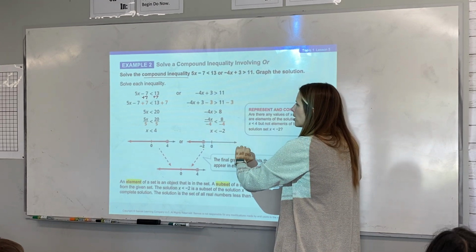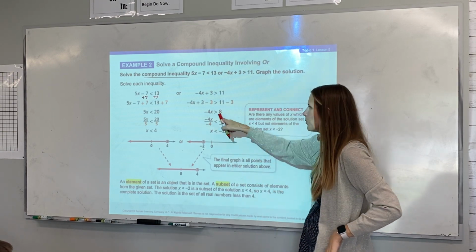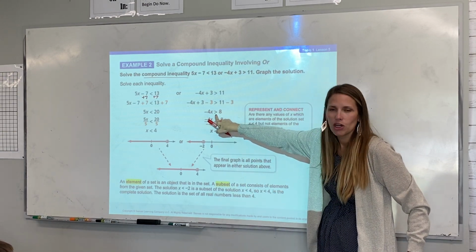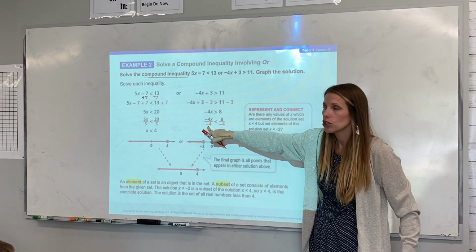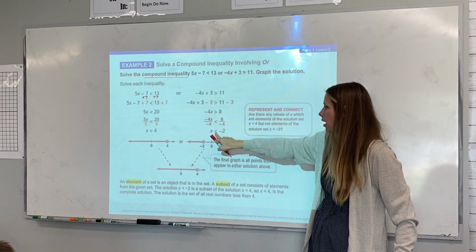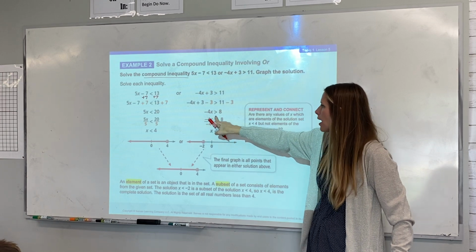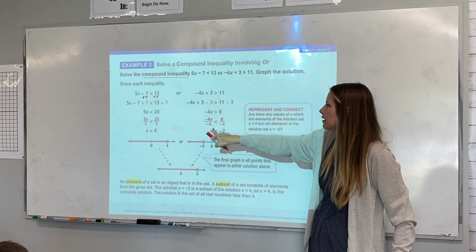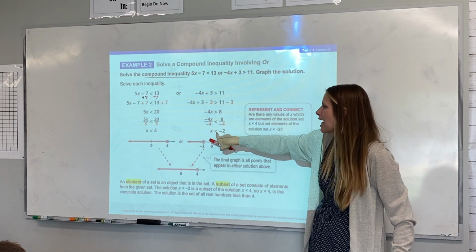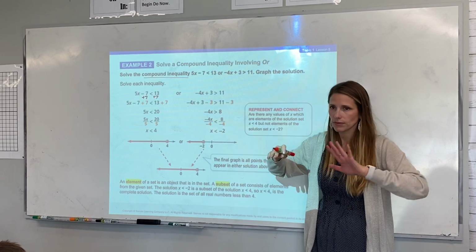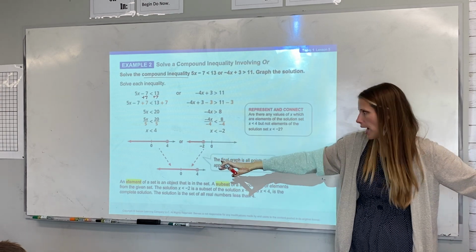Uh-oh, what do we do with our inequality here? We do flippies, okay? When you divide by a negative, you have to do flippies to the inequality. So instead of having a greater than sign, when they divided by -4, they flipped it. So x is less than -2. Are we good? Yes. Okay.